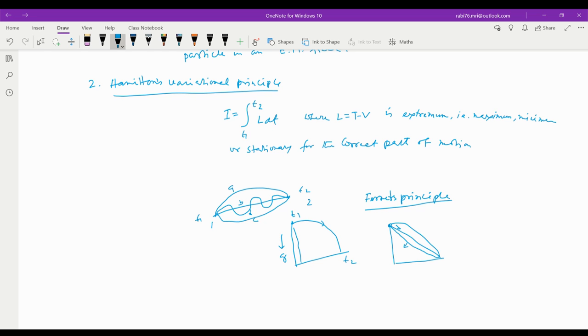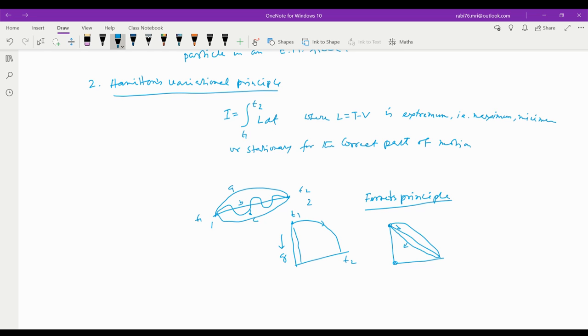The logic is very simple. In this path, the minimum time from here to here is a free fall without any inclined plane, and this path is close to this, so that acceleration is varying because the slope is varying.